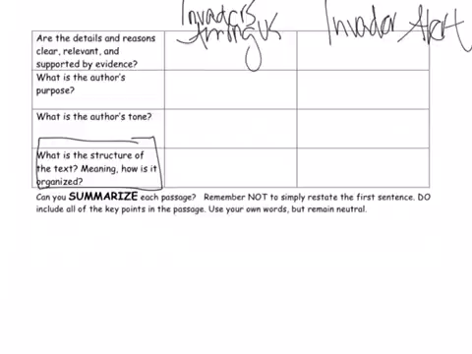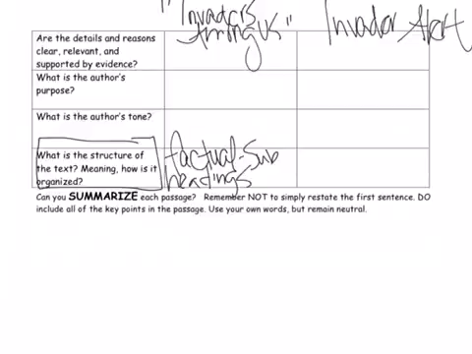So for the first article, Invaders Among Us, the text structure is the actual type of information is more factual, and therefore if you looked at the subheadings that they used, the subheadings are just the species names, which is a more factual, less creative type of subheading.